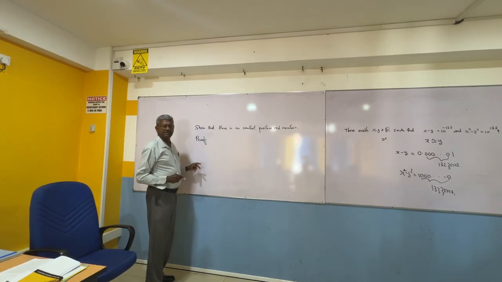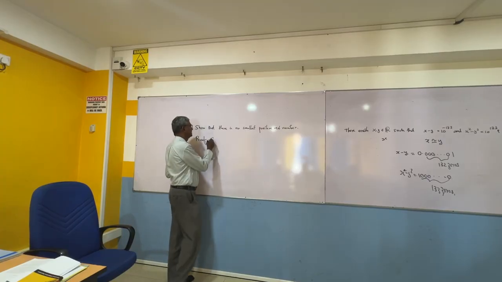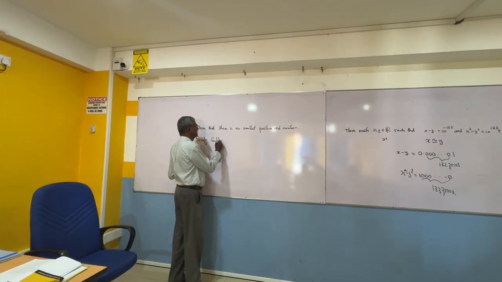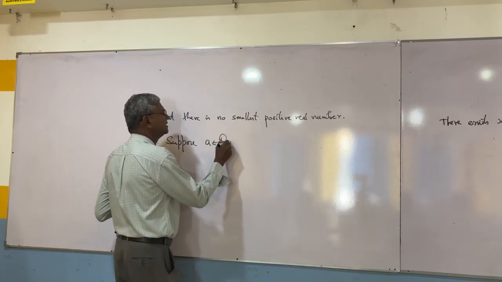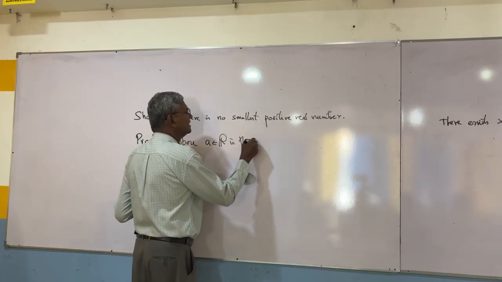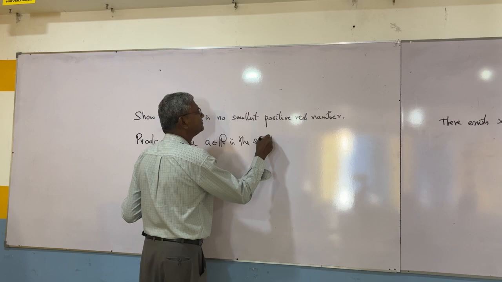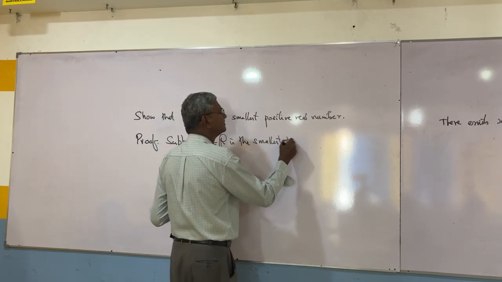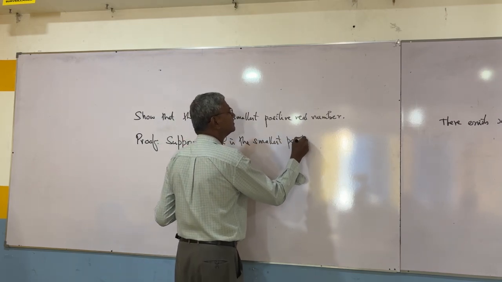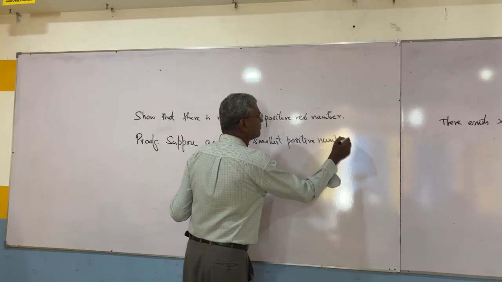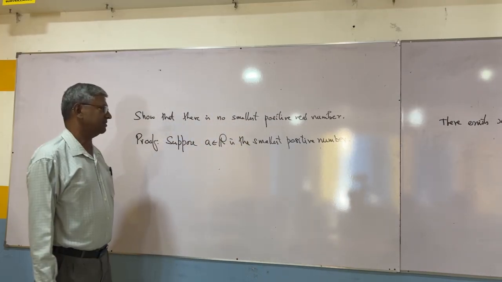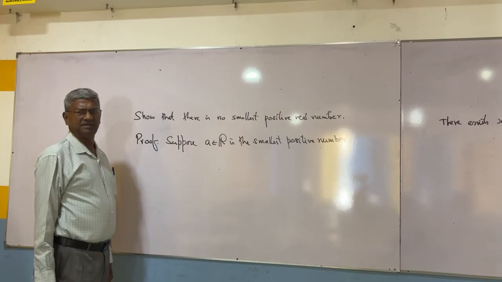Suppose a belongs to R is the smallest positive number.